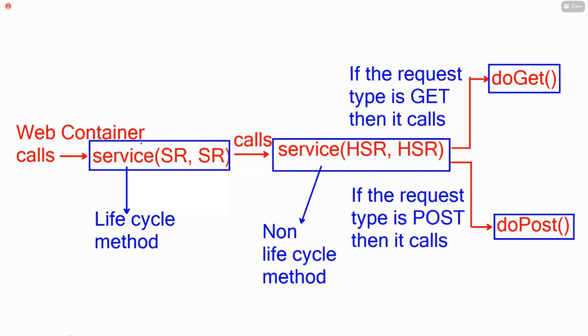The lifecycle service method calls the non-lifecycle service method. The non-lifecycle service method checks the request type. Which type of request came? If a get type request came, then it calls doGet. If the request type is post, then doPost. But in all the previous servlet programs, which type of request came? Get type request came by default. In a program, if you write method equal to post, then only doPost is called, then only a post type request.